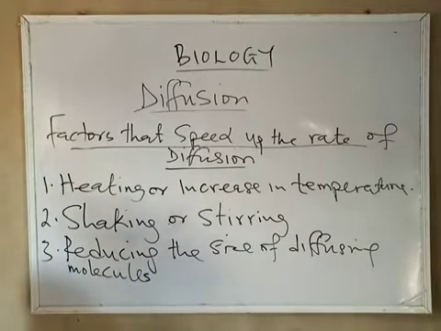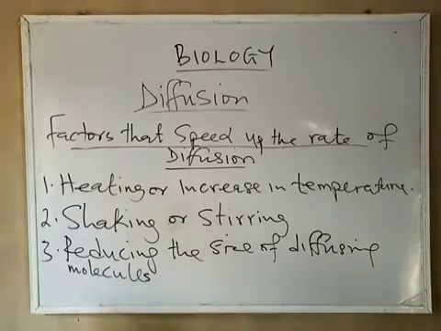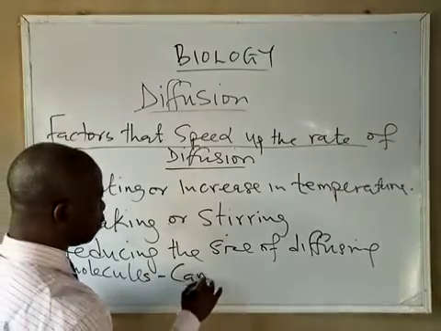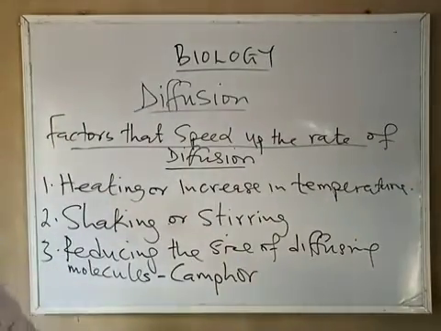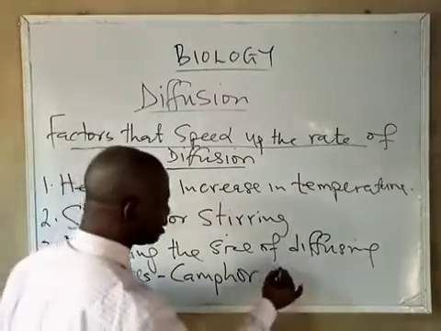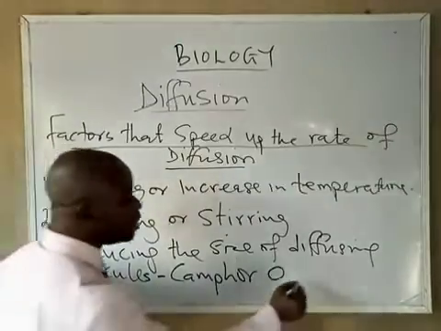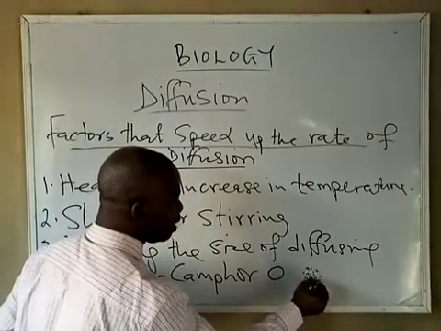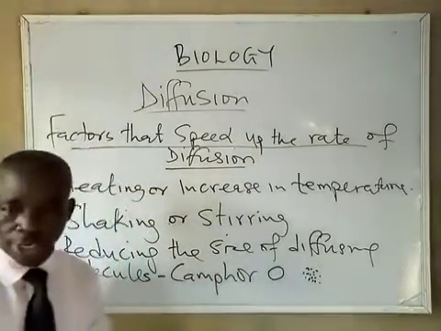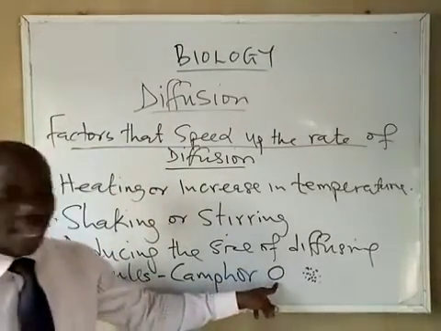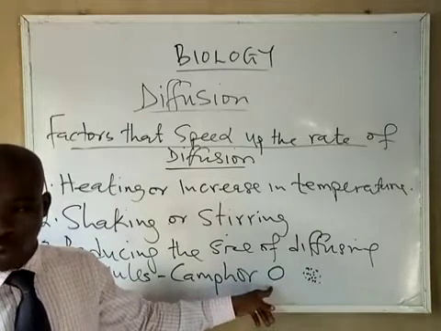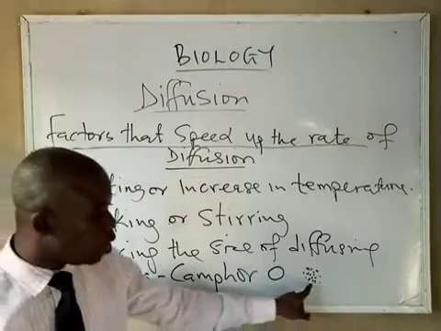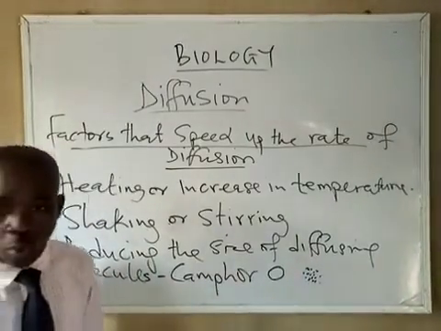For example, like the example that we give, if you want camphor to diffuse faster, all you need to do is grind it. If you grind the camphor to powder and open it up, the one that is intact will not diffuse as fast as the one that you have ground into powder.